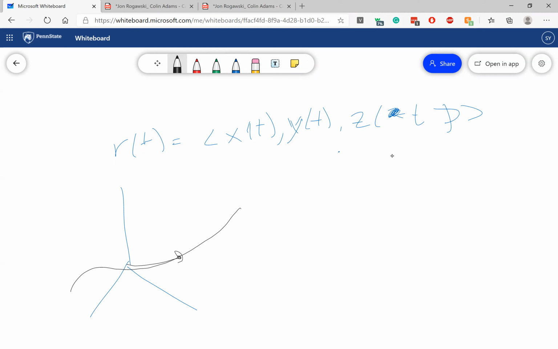So this might be t is equal to 0, and so on. Like I said, we already had this r of t for lines. For lines, r of t is pretty simple. It's just equal to r of 0 plus tv.